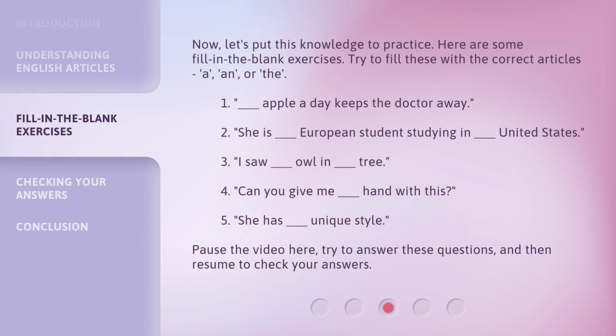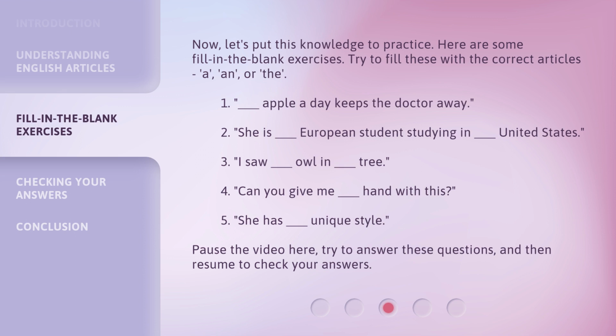Now, let's put this knowledge to practice. Here are some fill-in-the-blank exercises. Try to fill these with the correct articles: a, an, or the. 1. ___ apple a day keeps the doctor away. 2. She is ___ European student studying in ___ United States. 3.